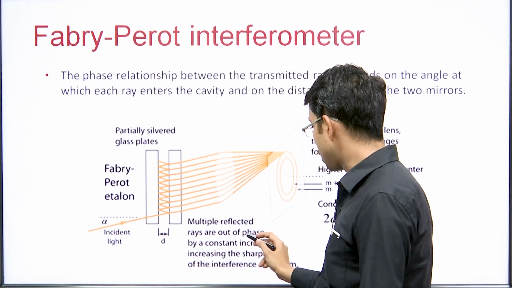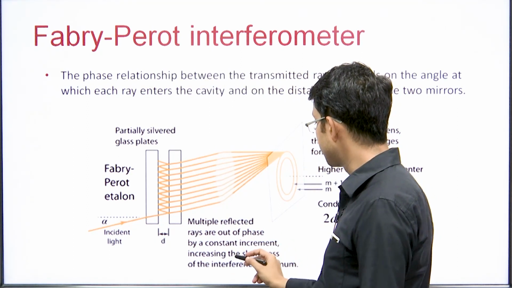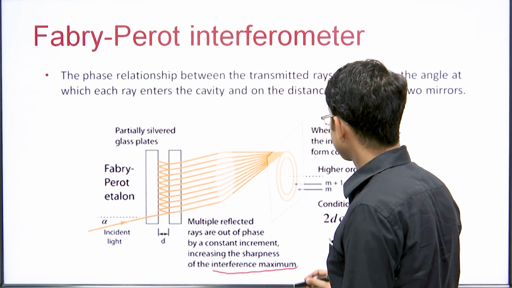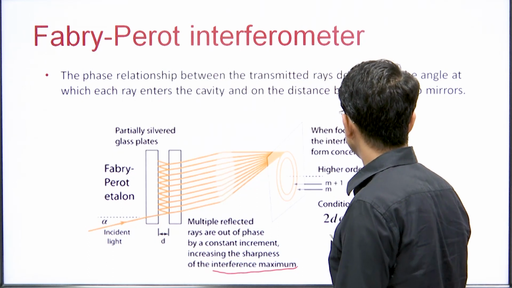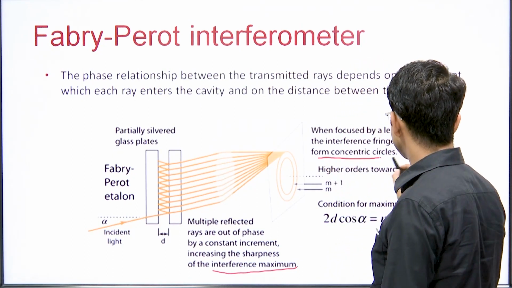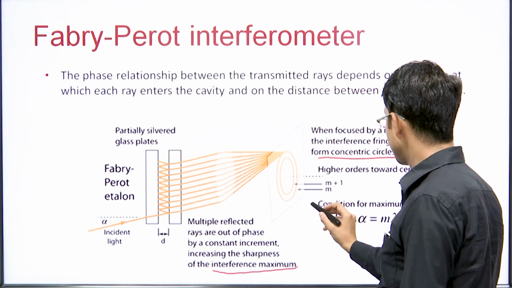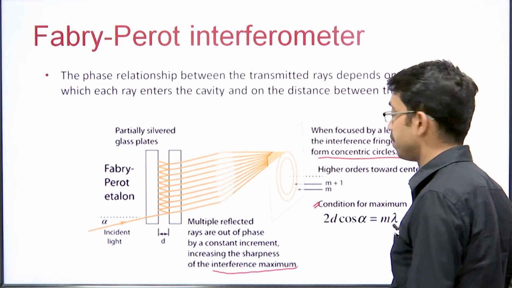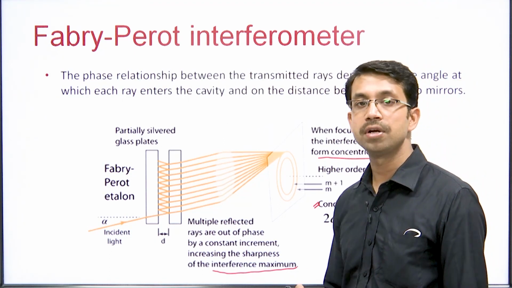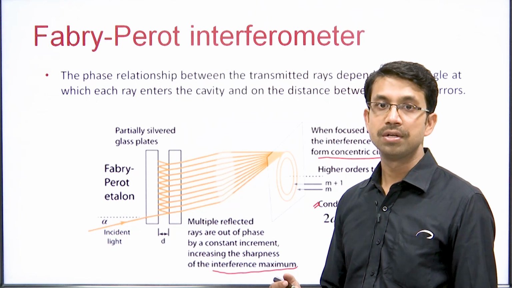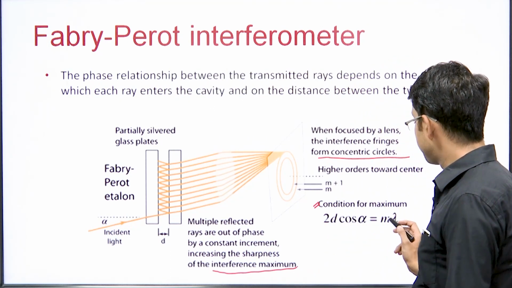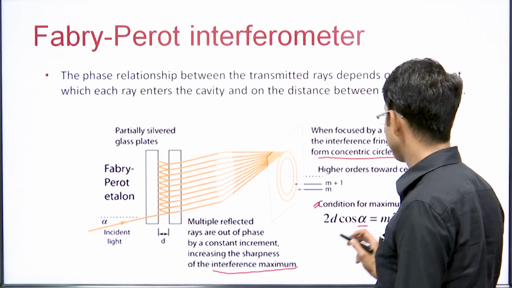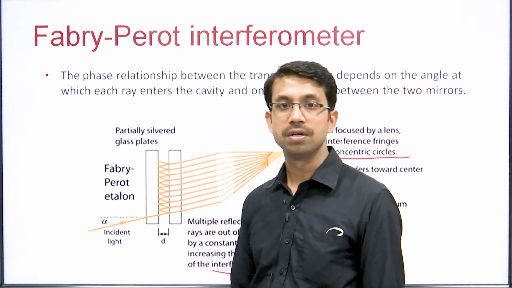Multiple reflected rays are out of phase by a constant increment, increasing the sharpness of the interference maxima. Okay. So, this is the screen, forming concentric circles. So, what is the condition for maximum? 2D cos alpha is equal to m lambda. In Michelson interferometer, we remember it was 2D is equal to n lambda. Okay. So, this is the number of fringe shifts, 2D cos alpha is equal to m lambda. So, where is alpha? This is the angle alpha. Okay.